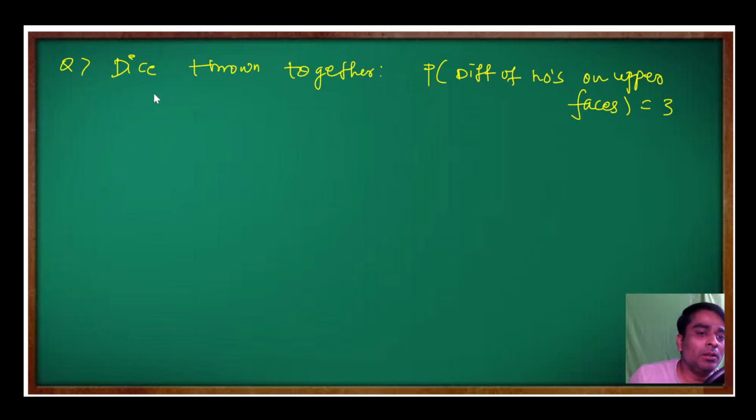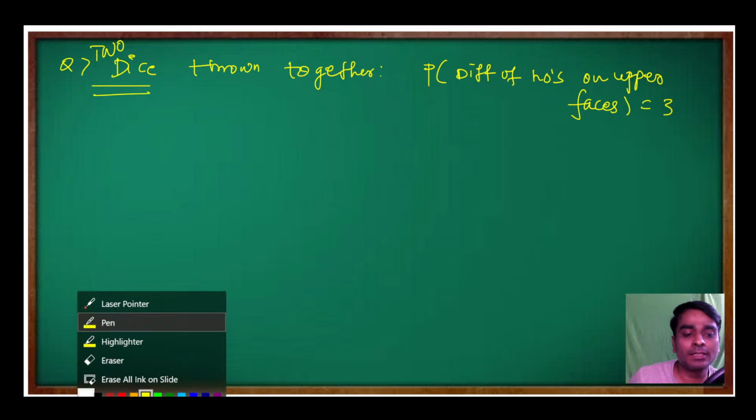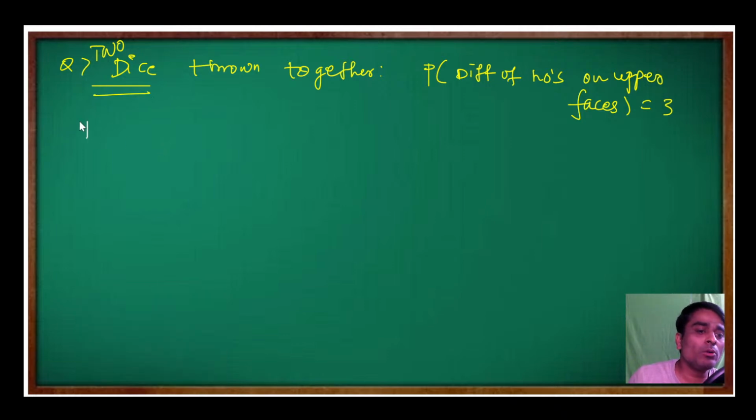See, first of all, two dice are there. So if you have two dice, then the total outcomes equal to 36, because two dice. One dice will have 6 and another 6. 6 into 6 you should do. Never do 6 plus 6. You should always multiply. Don't add.